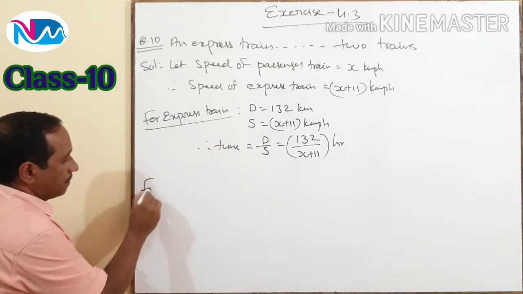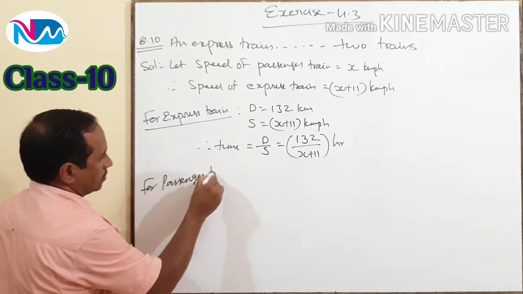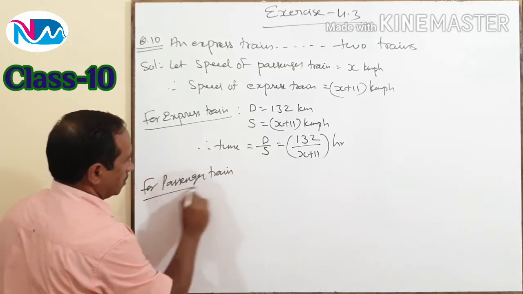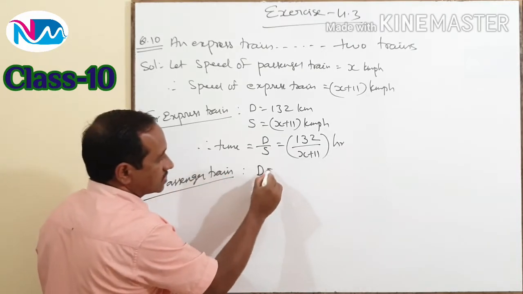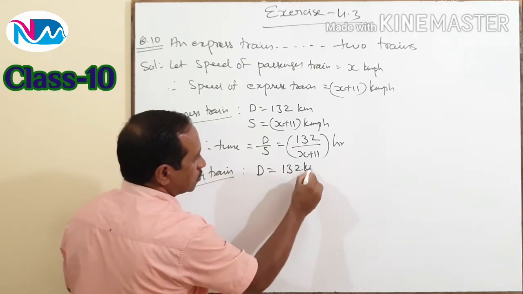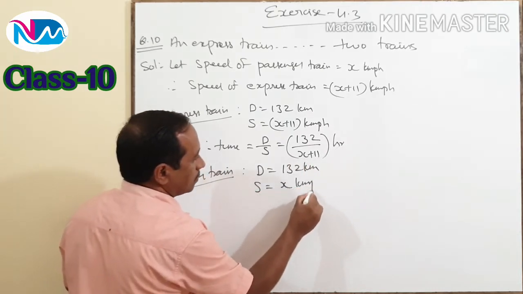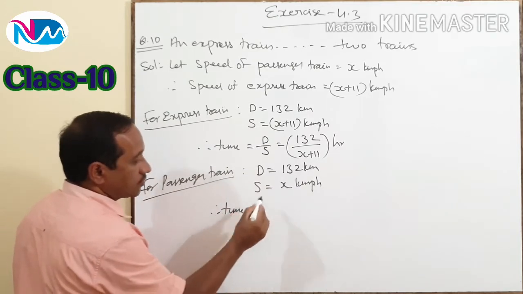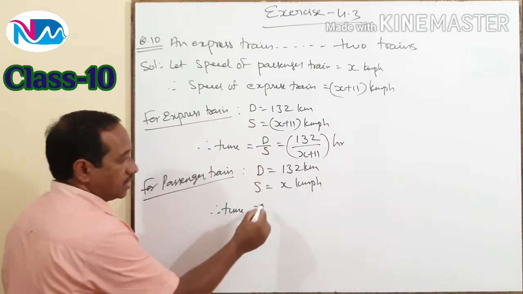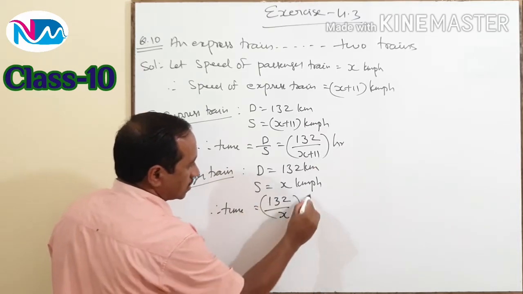Now for passenger train, it also covers the same distance. Distance is 132 km and its speed is x km per hour. Therefore, the time required for the passenger train will be 132 by x hour.